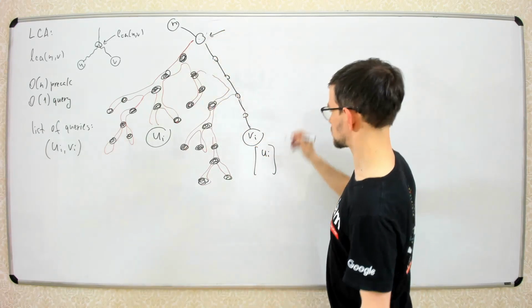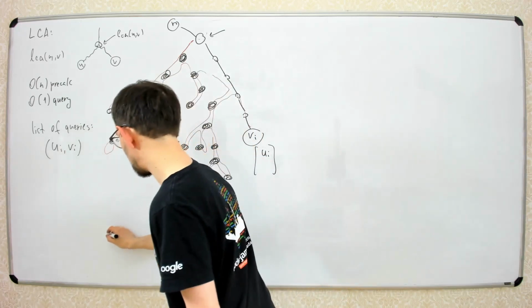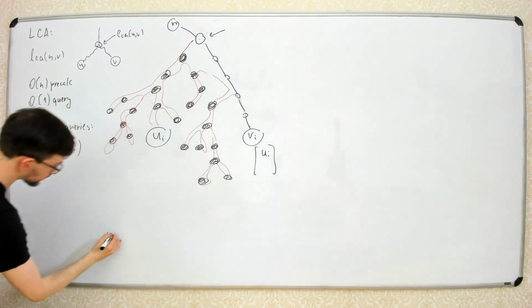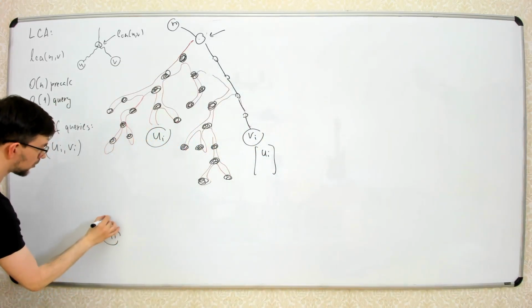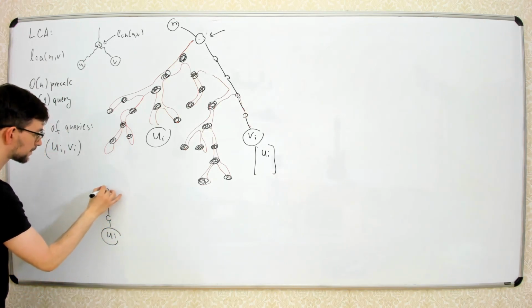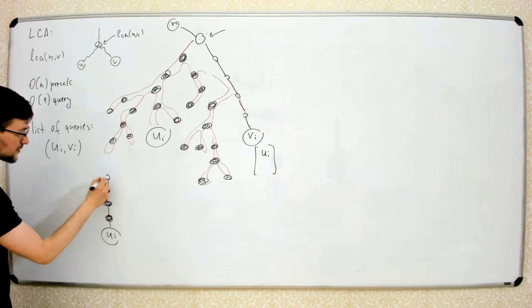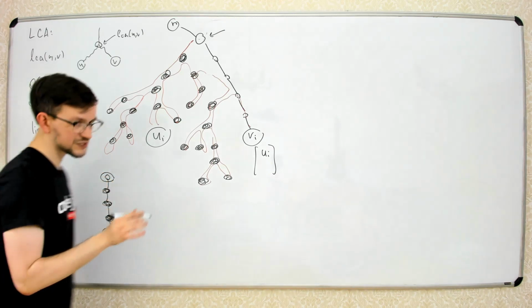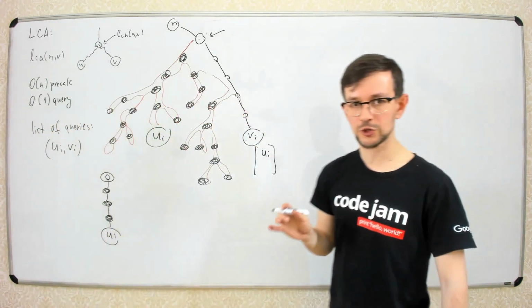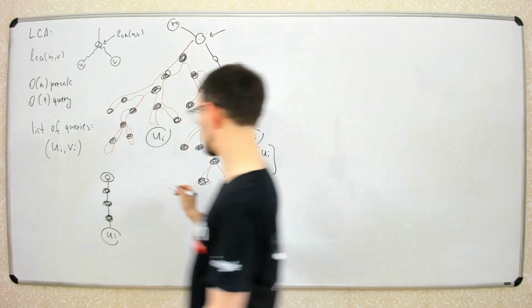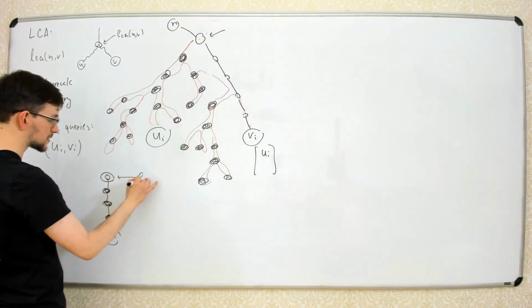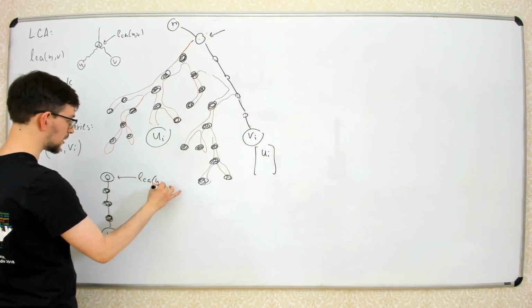So what happens? You start from node U and iterate over all its ancestors. This ancestor is marked, this is marked, this is marked, this is unmarked. So the first unmarked ancestor of node U is the LCA of U and V. So this node is the LCA of U_i and V_i.